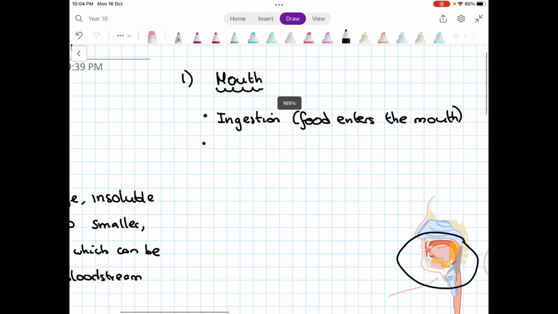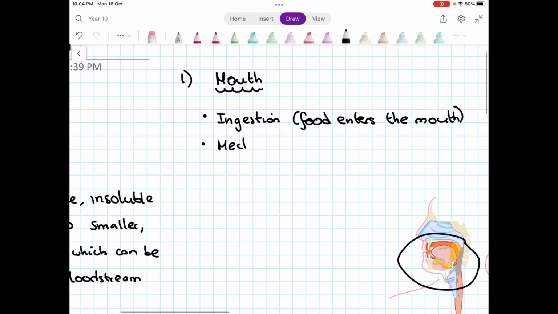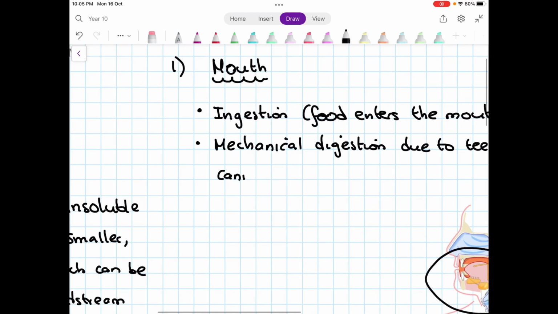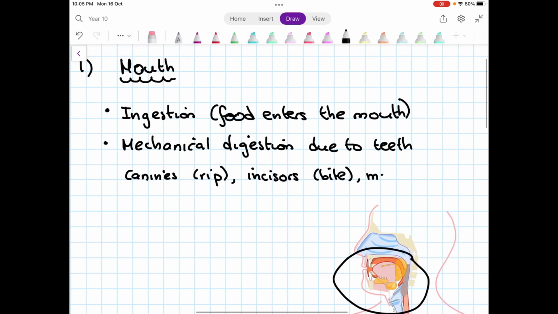And we have both chemical and mechanical digestion occurring here. So mechanical digestion is due to our teeth, such as canines, which rip, incisors, which bite or break, and molars, which grind.